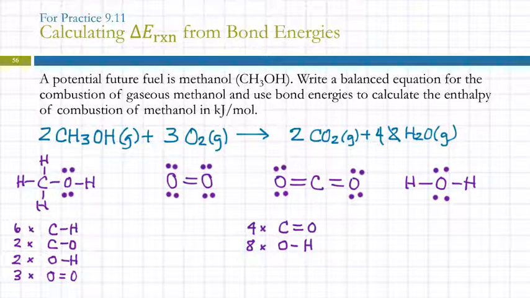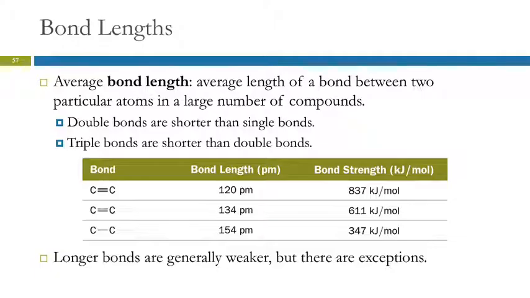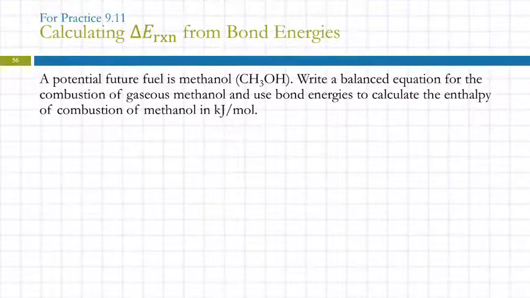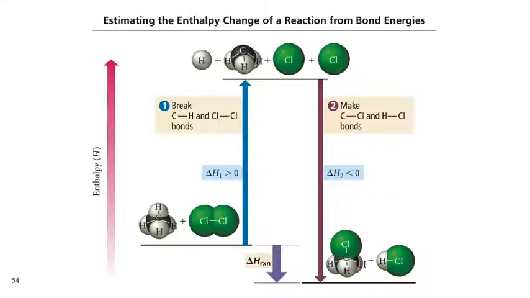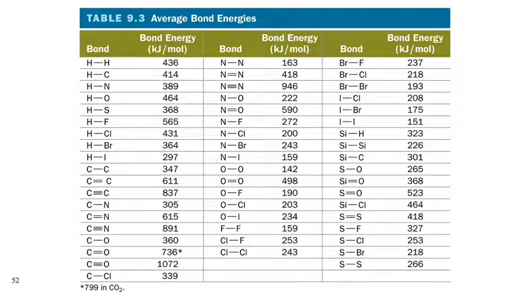Now we need to know what the bond energies are for these different things. I don't think I have a table coming up. No. So we have to go back to this table, and I'm going to cheat and use the chalkboard. We needed carbon-oxygen double bonds, and that's in CO2. So that's the 799. And we had oxygen double bonds, and so that's right here. Yeah, it's 736, except if it's CO2, and this time we do have CO2.